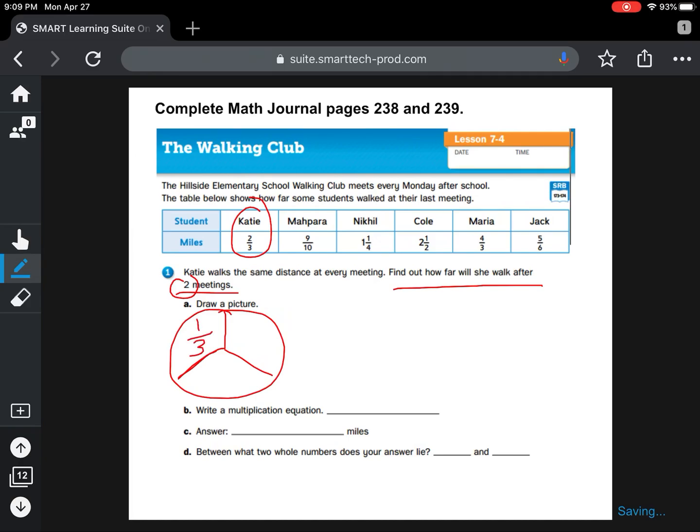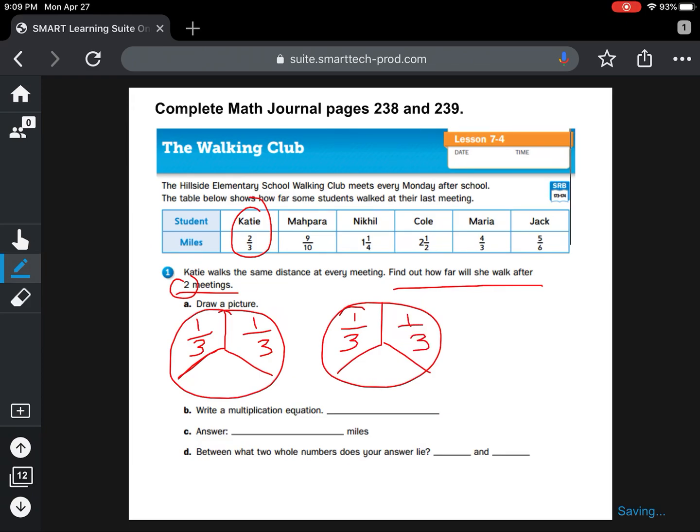Each piece represents 1/3. So during the first meeting, Katie walks 2/3, so 2 of these pieces. Then same thing during their second meeting. 1/3 and 1/3 together make 2/3.